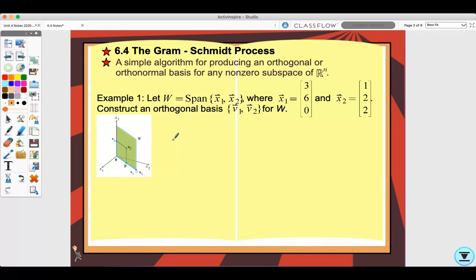So what we're going to do is let v1 equal x1, and let v2 equal x2 minus p.